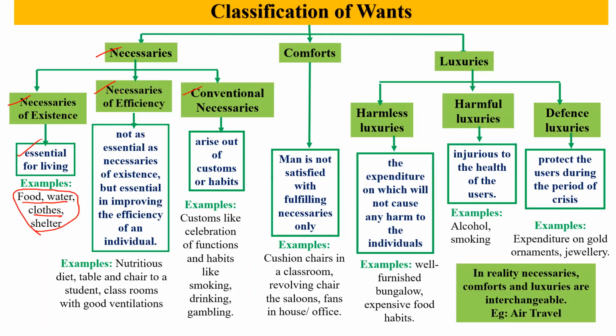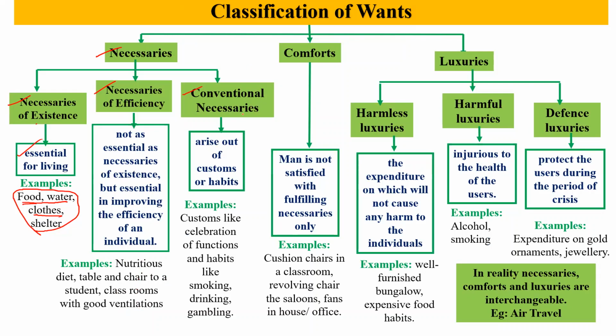And after this, necessaries of efficiency. These are not as essential as the necessaries of existence, but they are essential in improving the efficiency of an individual, his efficiency of working. Food is the basic need, the necessary of existence. But nutritious diet, table and chair for a student, classroom with good ventilation, these are the necessaries of efficiency.